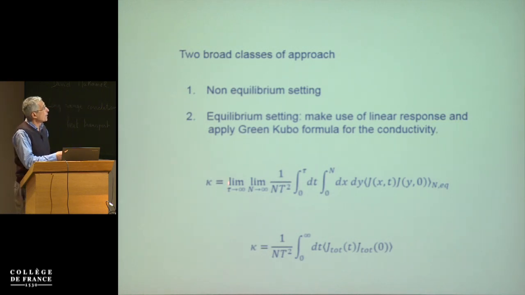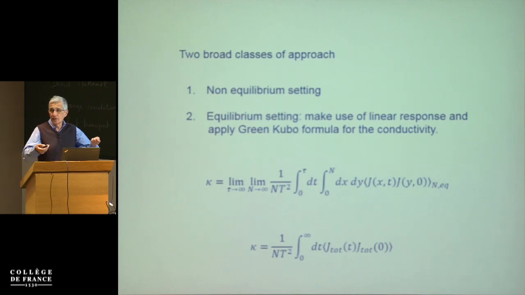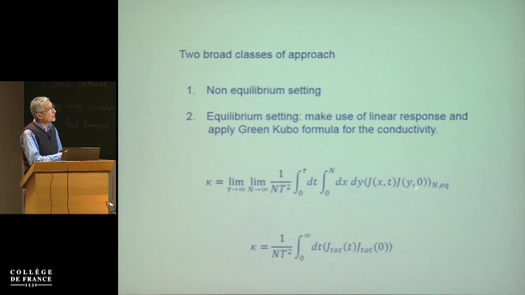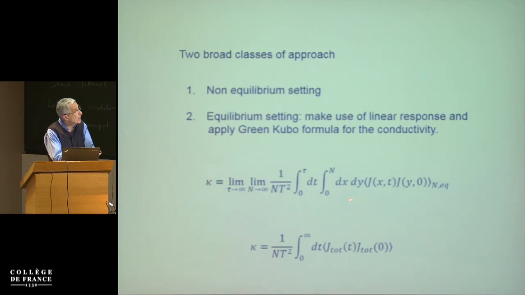So, for example, the heat conductivity can be written as the JJ correlation. J is the instantaneous current correlation function at different points, different times. You have to integrate over x and y and over t, and then you normalize. And basically, this gives you the heat conductivity of the system, while this average is calculated in equilibrium.